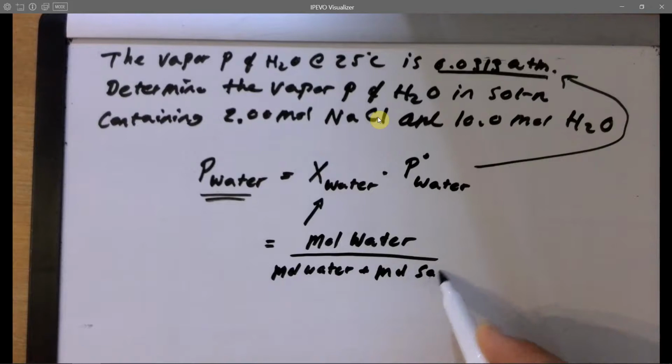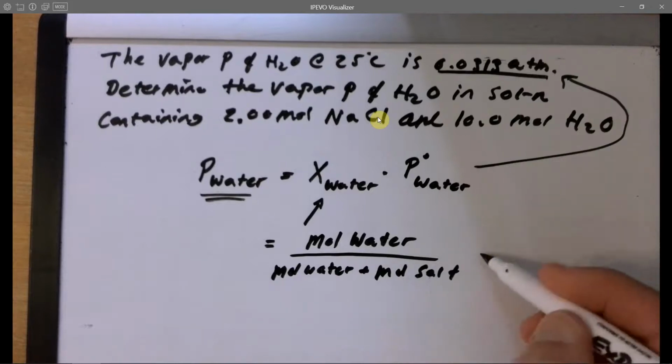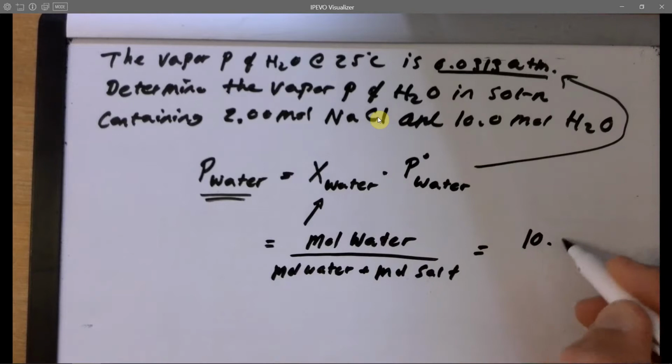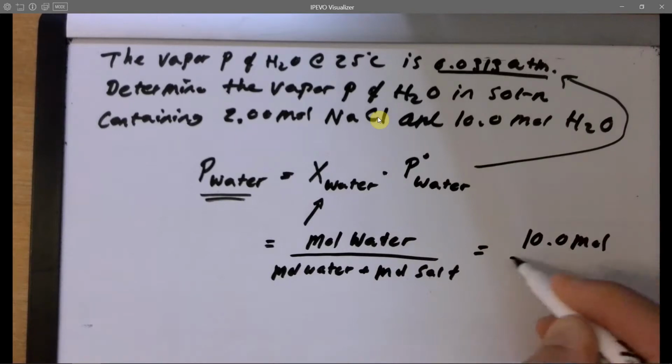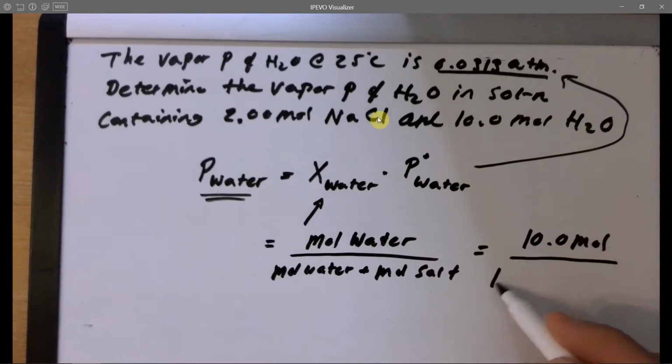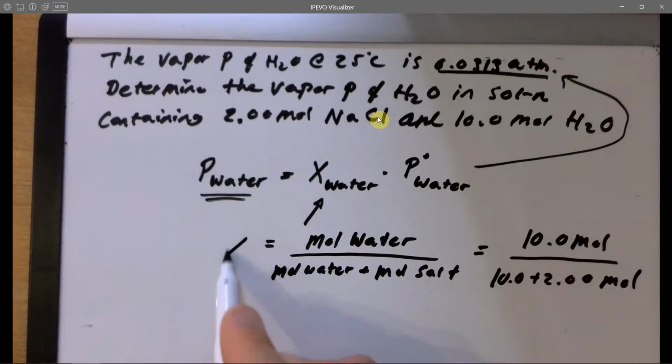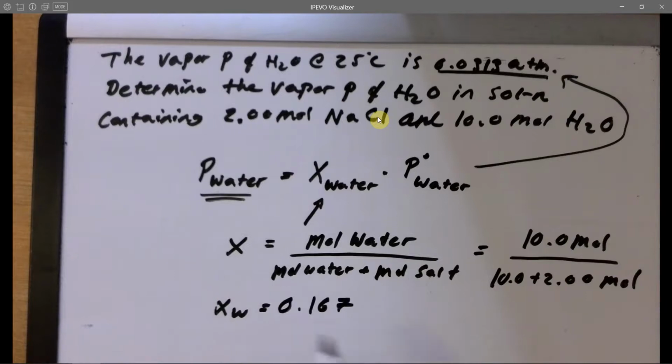That's what I have. And so moles of water is 10, and of salt is 2. And so I get that my X of water is equal to 0.167. It has no units because mole divided by mole goes away.